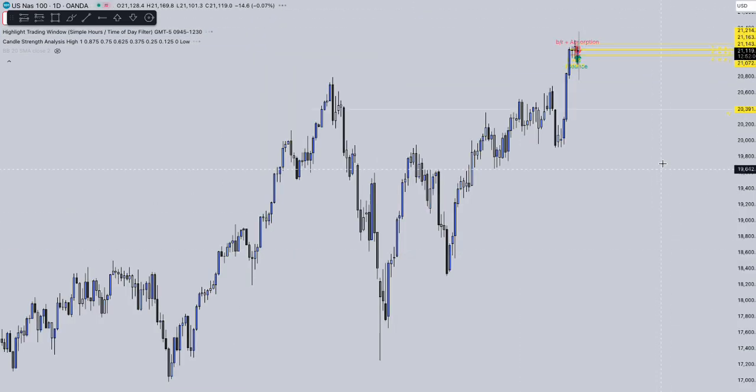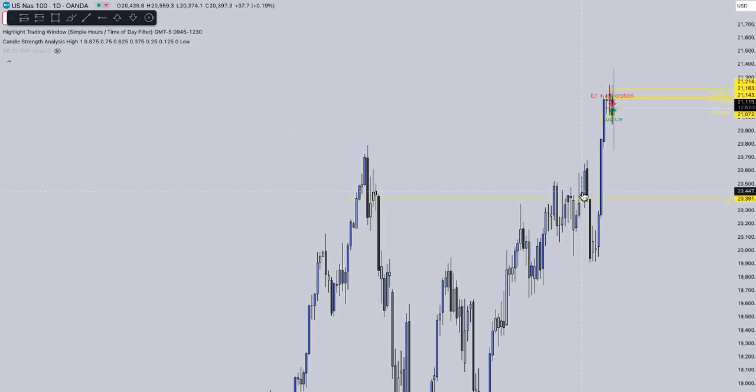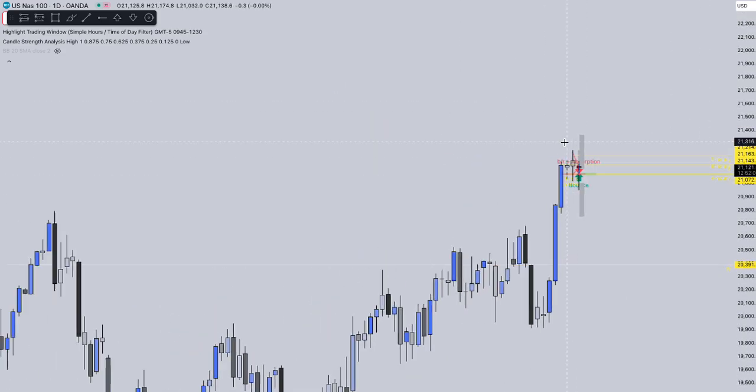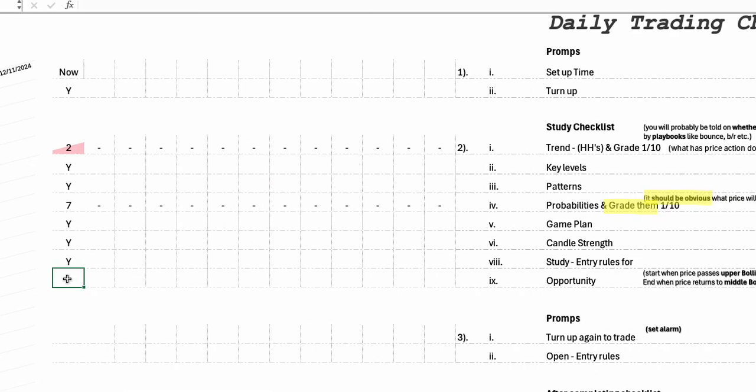And we're looking at the Nasdaq too. I just don't have everything showing here. So is there opportunity? According to that, there's not. So minimum risk basically.